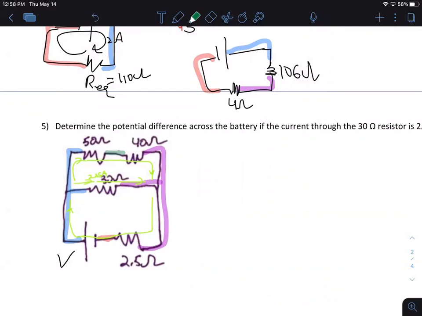Okay, so looking at this, just some things I'm noticing. If I put these two together, they're in parallel with this one. I don't actually need to know anything about this spot here, so why not just start by putting those together?